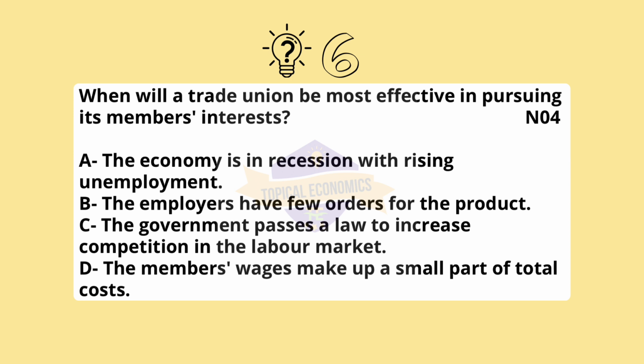However, if wages represent a large part of costs, then the employers might resist increases more strongly, especially in tough economic conditions like recessions or low orders. So here, when they say when will a trade union be most effective, looking at the options, the answer would be option number D. That is, the members' wages make up a small part of total costs.